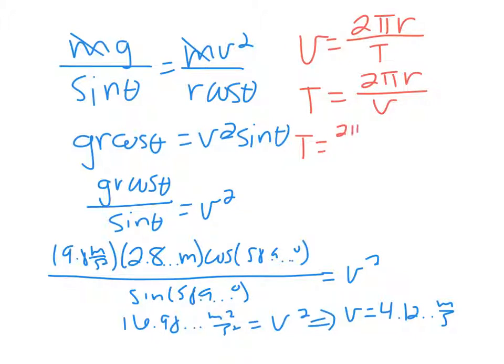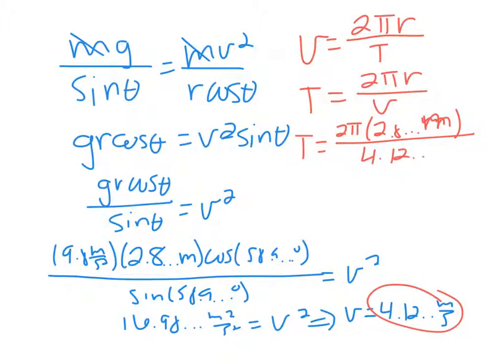Period equals 2 pi. Again, if you stored the radius, you're in a good place. So 2 pi times 2.88 keeps on going, meters, divided by the speed you just solved for, unrounded, 4.12 keeps on going, meters per second.